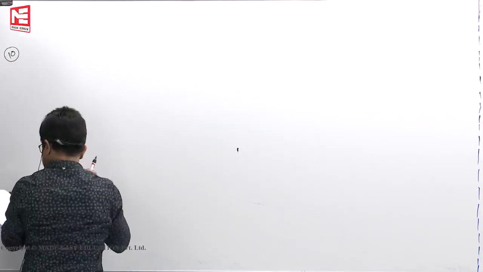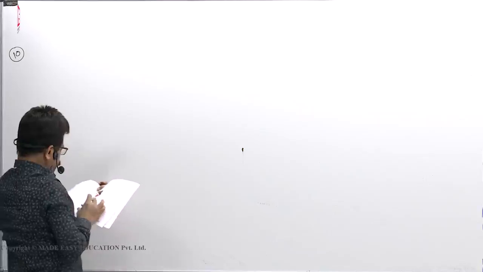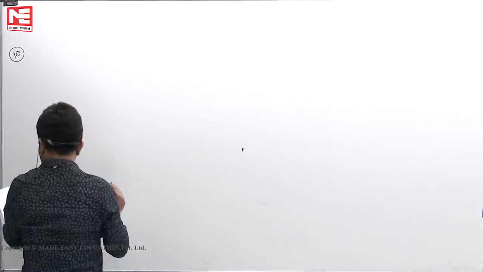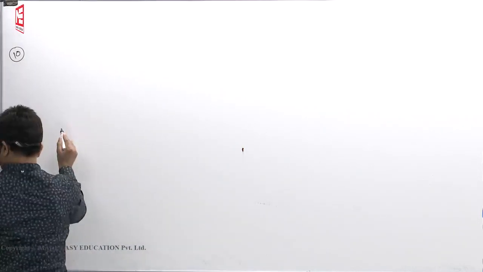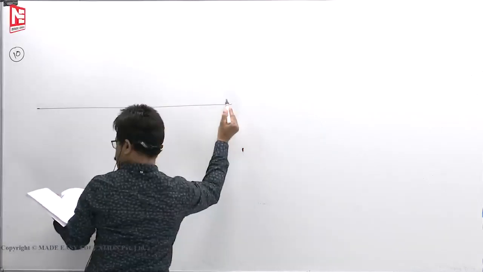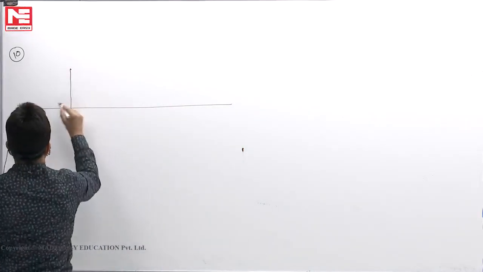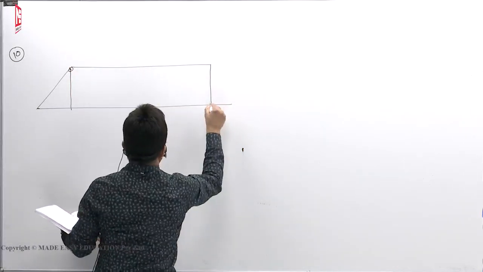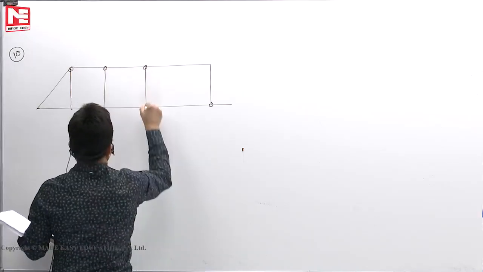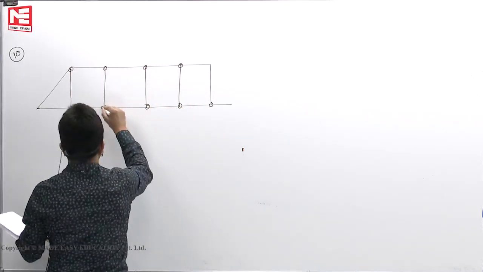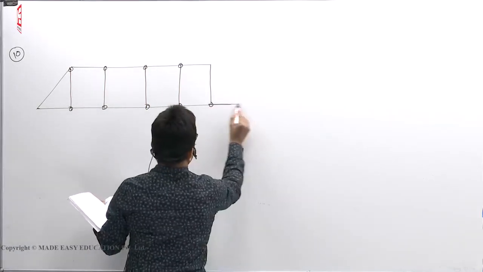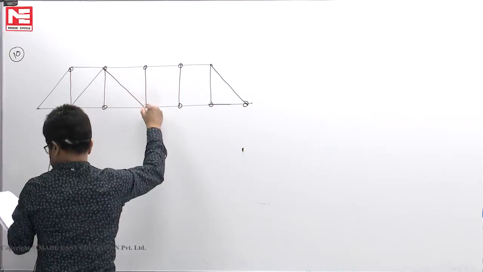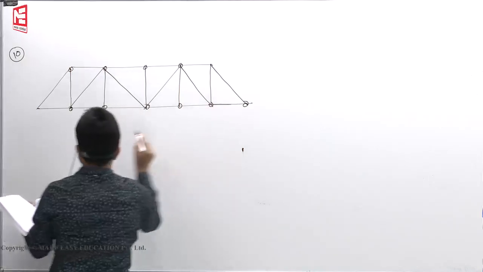Now let us see the 10th question. In this case, the structure is symmetrical, loading is symmetrical. That means support reactions are symmetrical. This is the truss. There is a hinge support here.